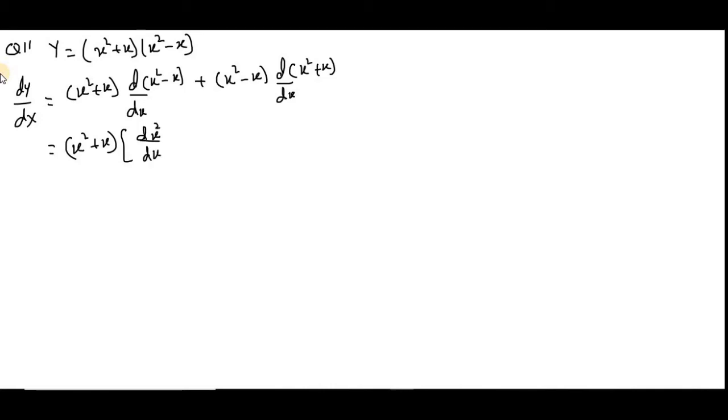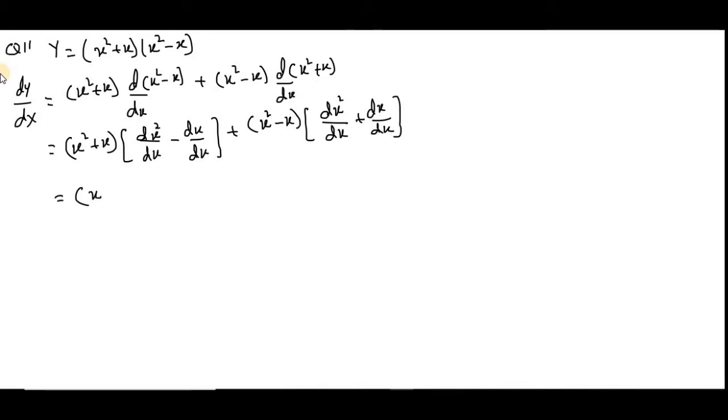So x square plus x, applying here the subtraction rule, minus dx over dx, plus x square minus x, again applying the sum rule, dx square over dx plus dx over dx.